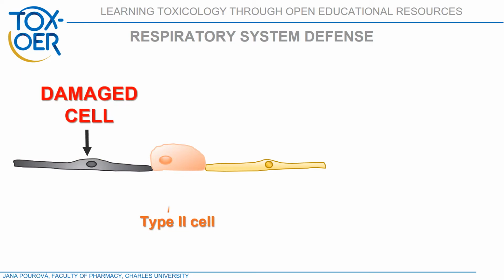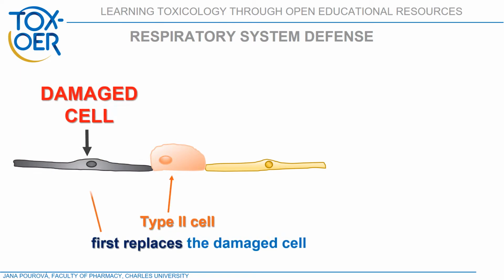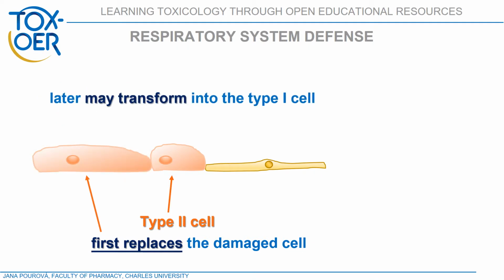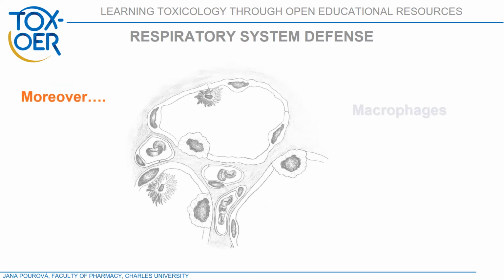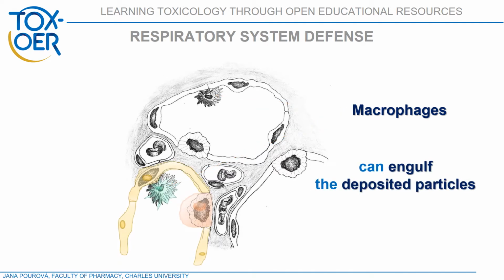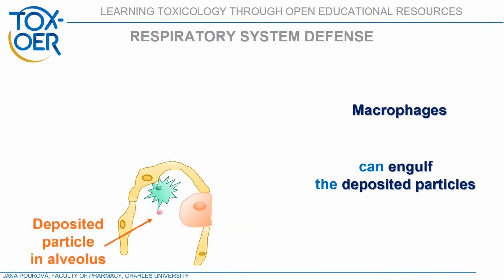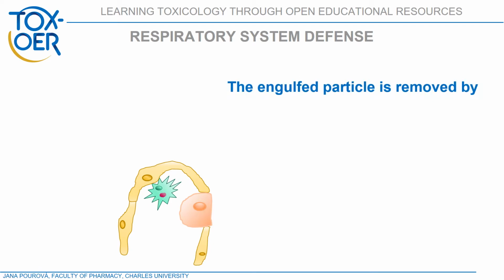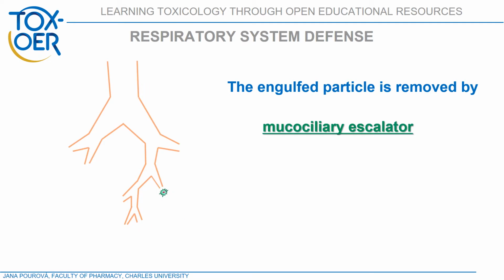Type 2 cell first replaces the damaged cell, and later may transform into the type 1 cell. Moreover, macrophages can engulf the deposited particles. The engulfed particle is removed by mucociliary escalator.